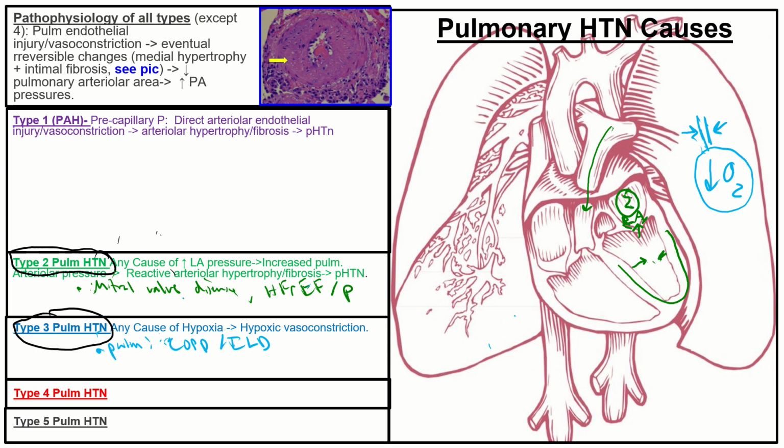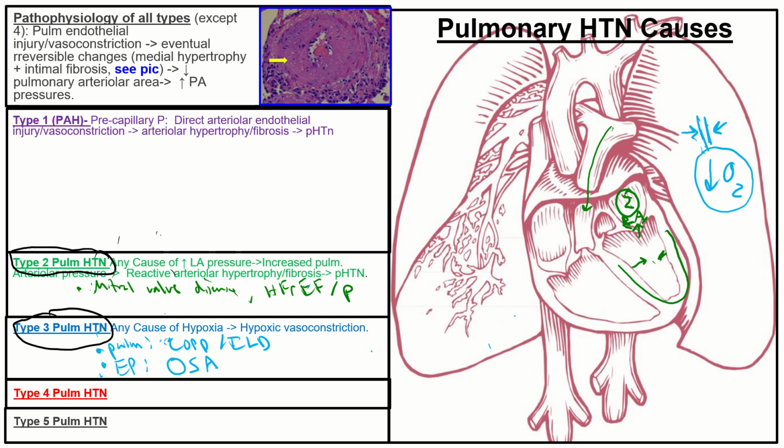So COPD, ILD, really anything that's going to decrease oxygenation in the lung, or you also can have extrapulmonary causes. Most commonly, this is going to be obstructive sleep apnea, right? Decreased breathing at night, secondary to obstruction, usually in the larynx, with people that are big, have large necks, maybe they drink alcohol, take benzos.